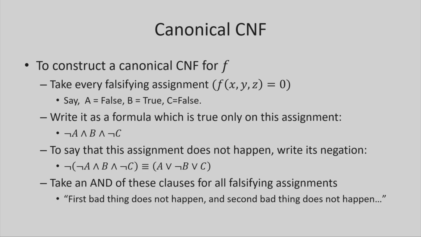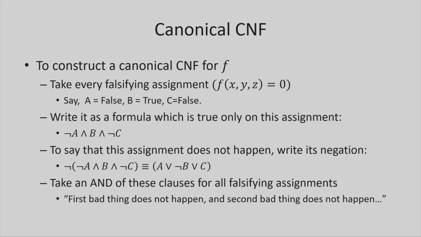So another way of saying it is, if you want to construct a canonical CNF directly without taking a negation of a negation of a negation, you look at all the lines in the truth table in which your function outputs a 0, and then you write a formula that says, oh, this doesn't happen. So if you say that it does happen, as in it can be true that this scenario appears, you say the first variable and the second variable and the third variable, where you put negations where you want the things to be false.